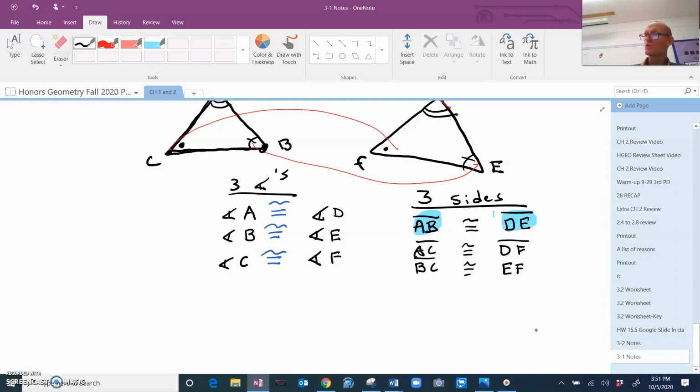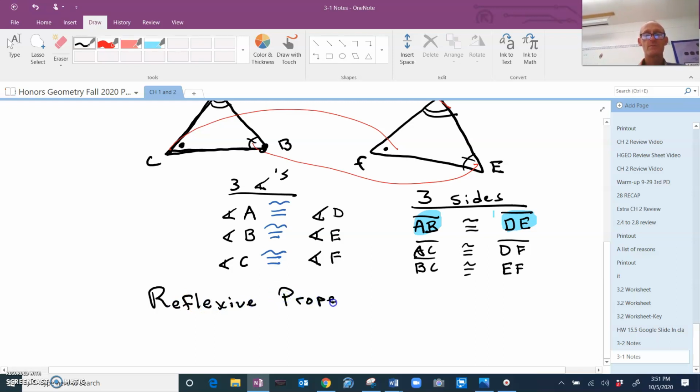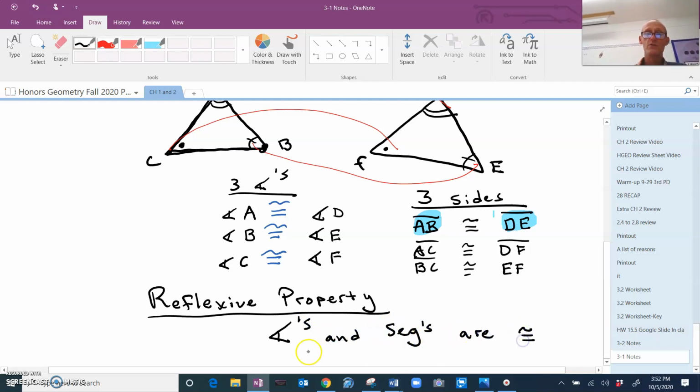Now, what you have to keep in mind is this idea of reflexive property. Now, the reflexive property means that angles and segments are congruent to themselves.